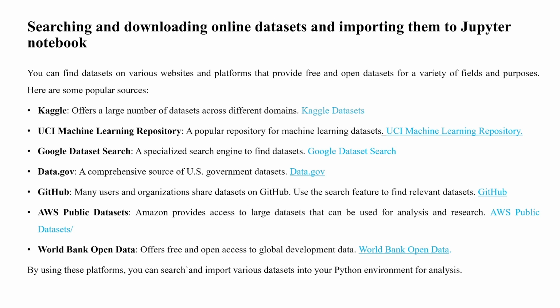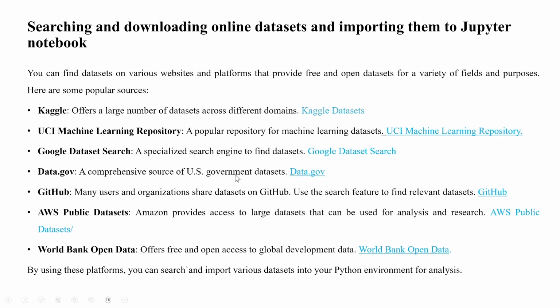Here are some popular sources: Google Datasets, UCI Machine Learning Repository, Google Dataset Search, data.gov, GitHub, AWS Public Datasets, the World Bank Open Data. By using these platforms, you can search and import various datasets into your Python environment for analysis.